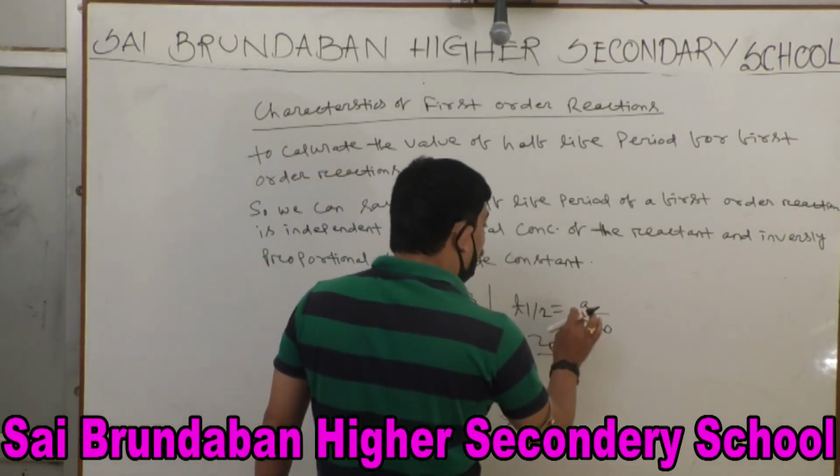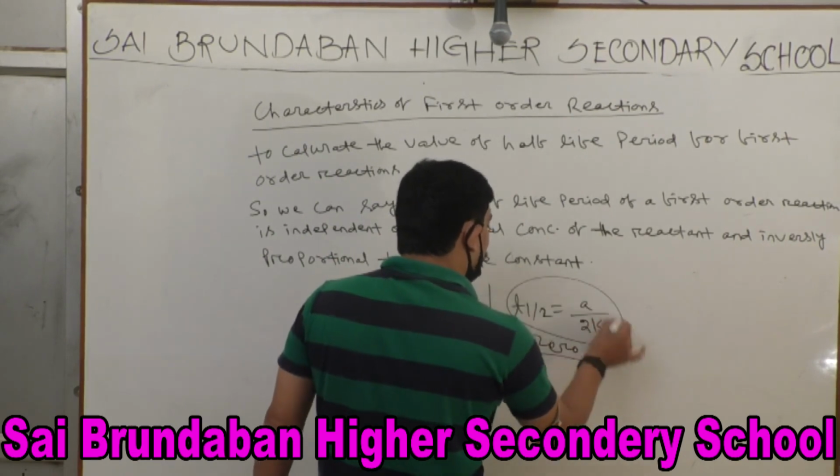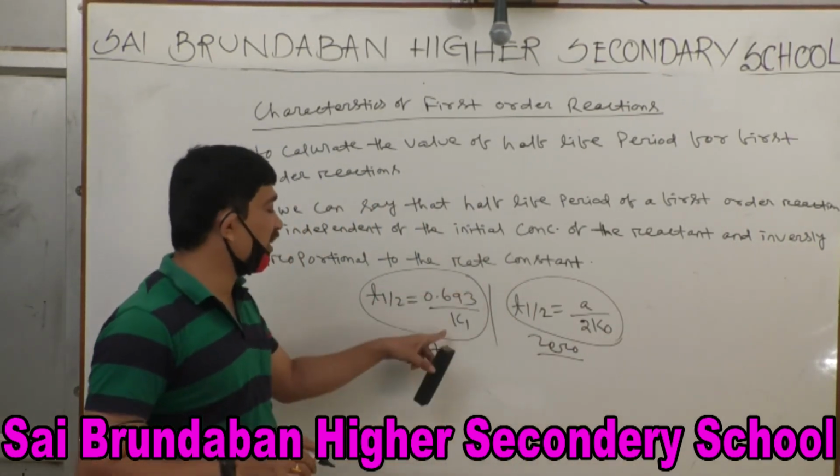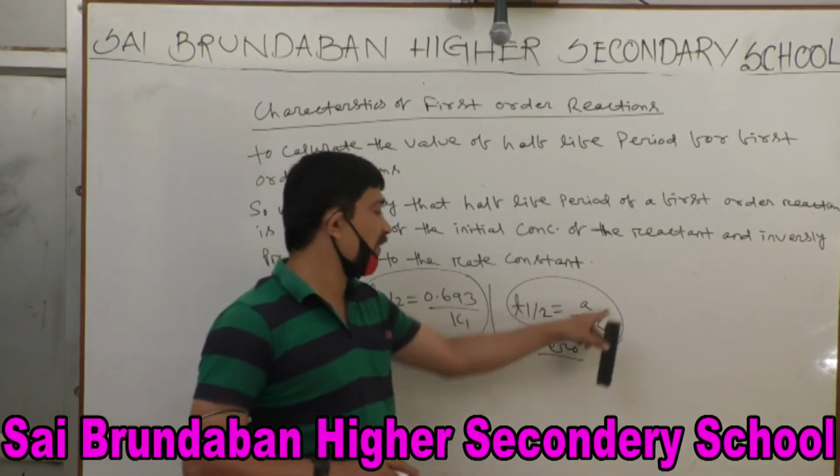For zero order, T half equals A by 2 K0. Clear? T half equals 0.693 by K1 for first order, T half equals A by 2 K0 for zero order.